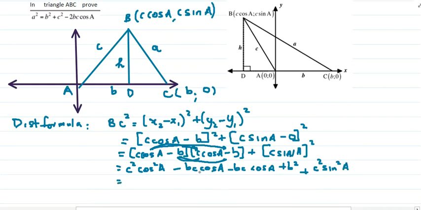Right, so that's one long expression with 1, 2, 3, 4, 5 terms in it.